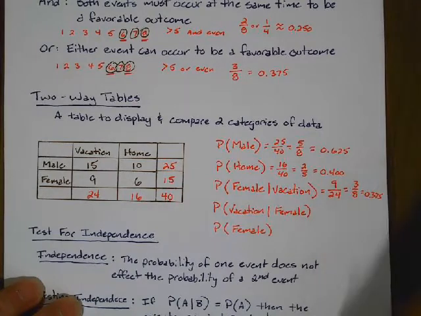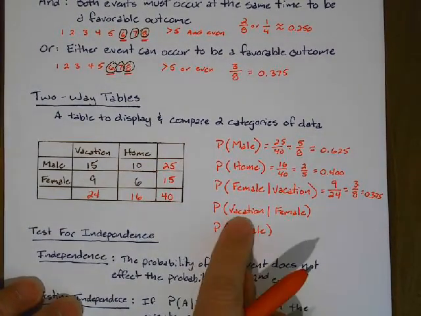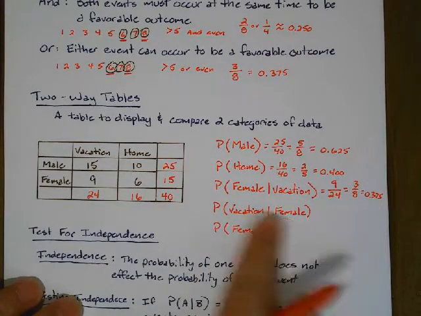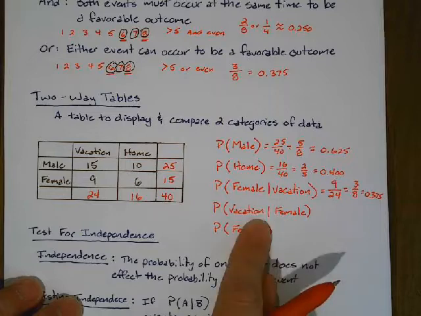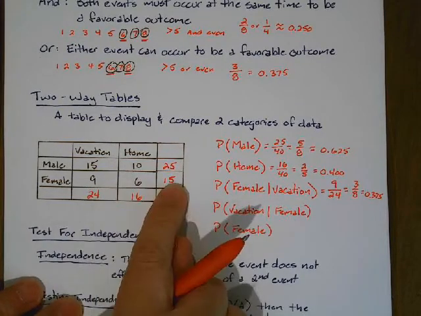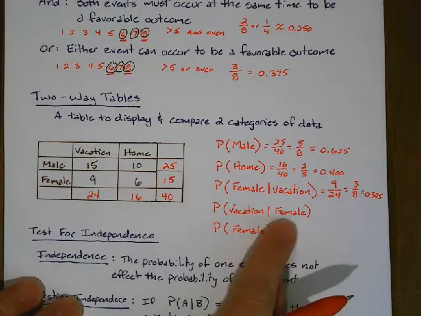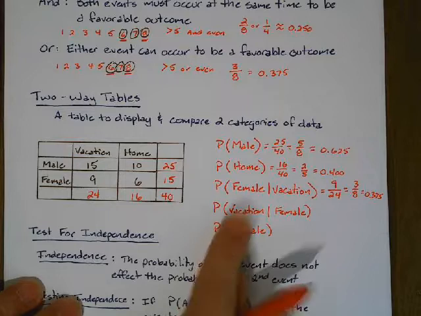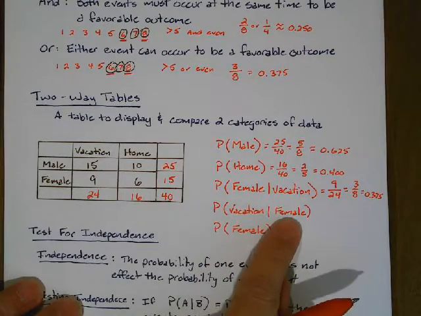0.375, running out of room. All right, fit it. Nice. Next one, what's the probability of vacation given that they're female? Okay, so this one's a little bit different. This time, I'm only looking at the females. So there were 15 females. And this is saying, of those 15 females, how many of them went on vacation? So it's the vacation given that we're only looking at females.